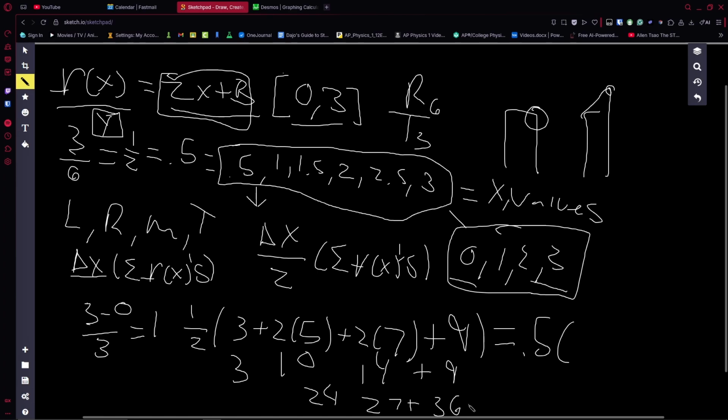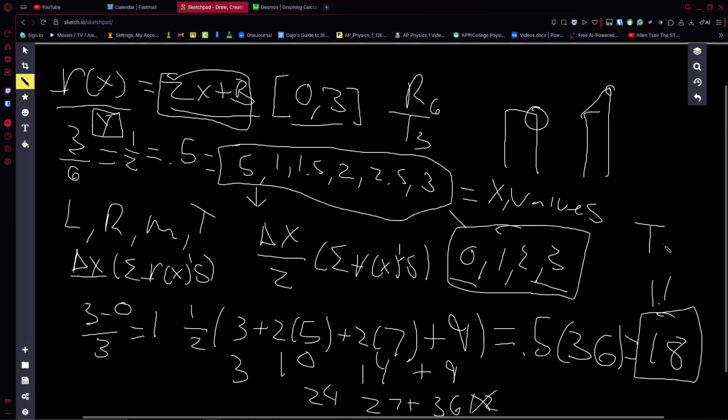And then what is 0.5 times 36? This is 18. So this is the exact sum we got from T3 and M3, and this is also the exact value.